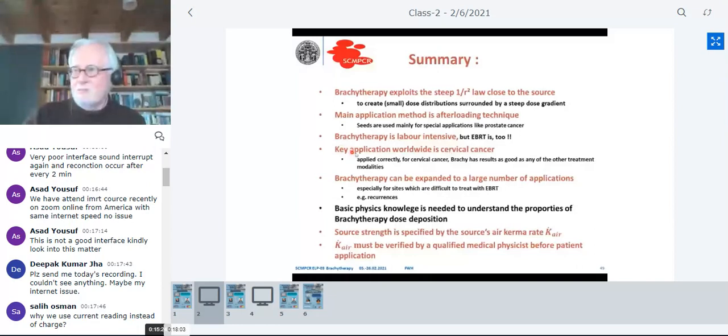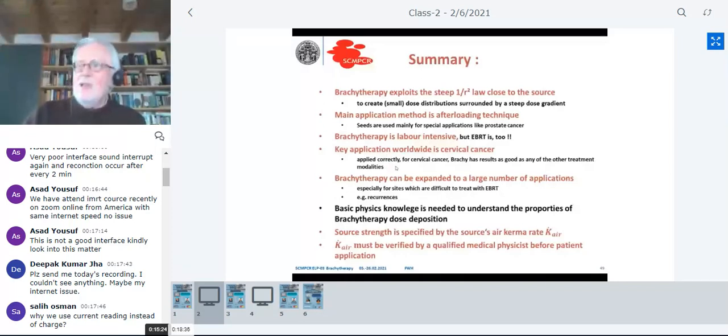The key application of brachytherapy worldwide is cervical cancer. And something I didn't say, but something you should know, is that if you apply brachytherapy correctly for cervical cancer, it has results that are comparable to any other treatment modality, to surgery, to internal medicine therapy, and so on. So if you have poor access to surgery, you can do just as well with brachytherapy.